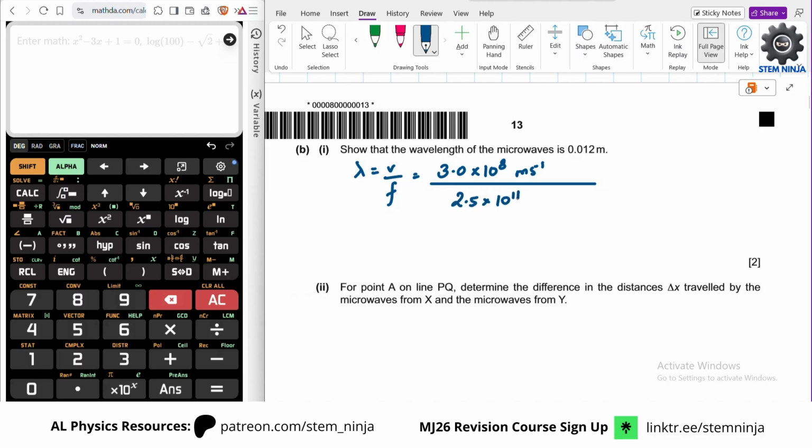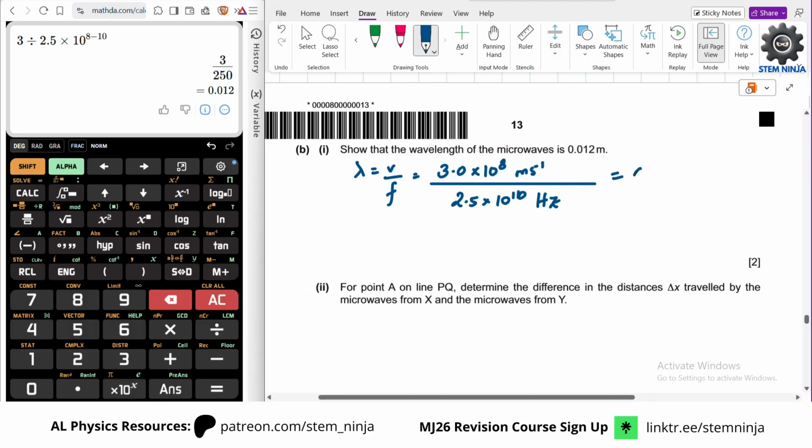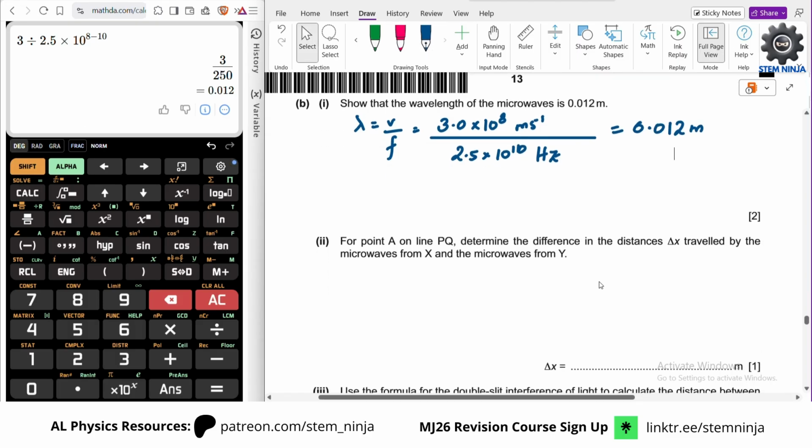So you have 3 divided by 2.5 times 10 raised to power 8 minus 10. You get 0.12 meters.